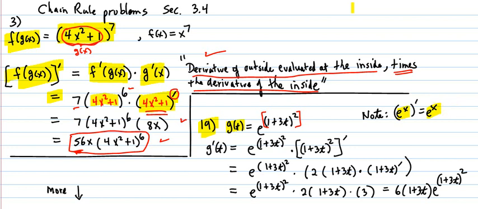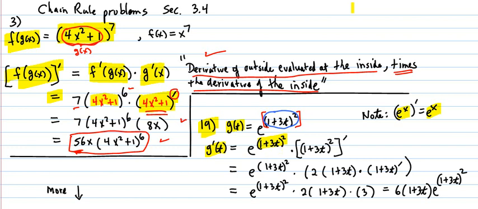So again, we have our inside function right here. That's our inside. And our outside function is e to the x. So the derivative of the function is e to the t evaluated at the inside function, which is this.